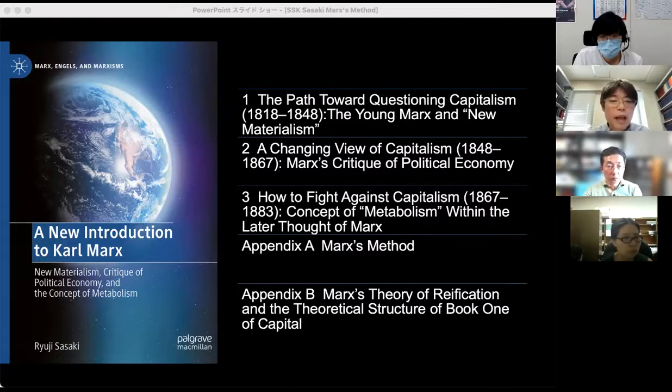This English edition includes 2 appendices. These appendices are not included in the original Japanese book or Korean translation.